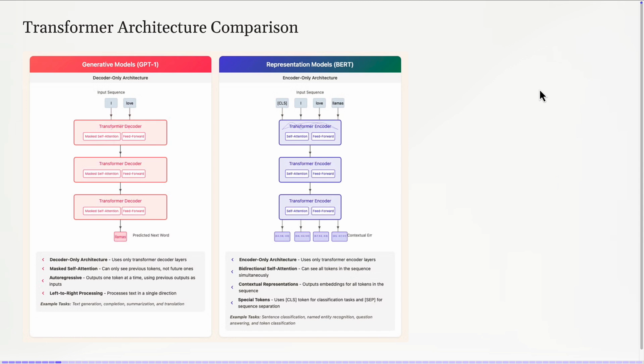And representation models are mostly to generate embeddings, to have bidirectional, contextual representation of the tokens. They also use special tokens in order to specify the start of the sentence and the end of the sentence in the contextual representation.